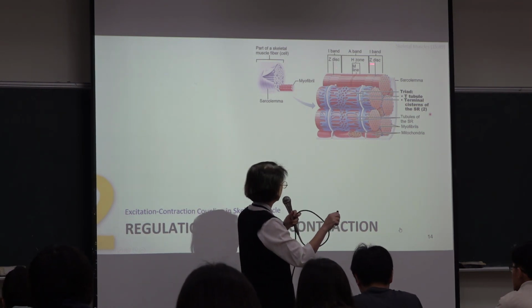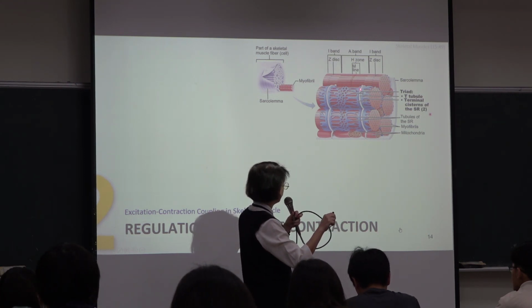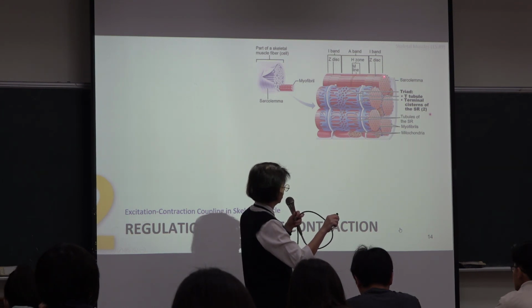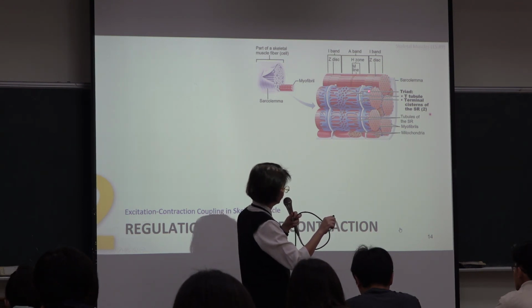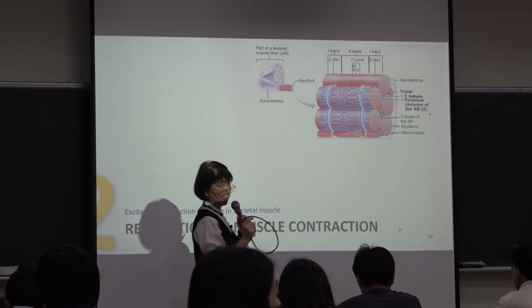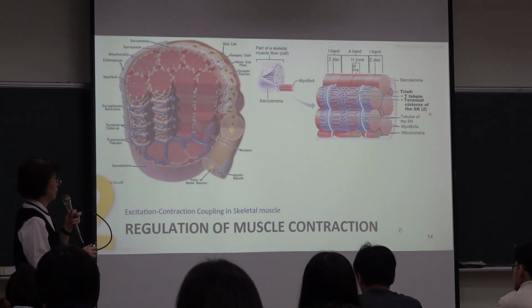And all the cell membrane fused together to form a tube, like T-tubule. The plasma membrane will invaginate to form tubules that surround myofibrils, all right? Here's another diagram to show you.